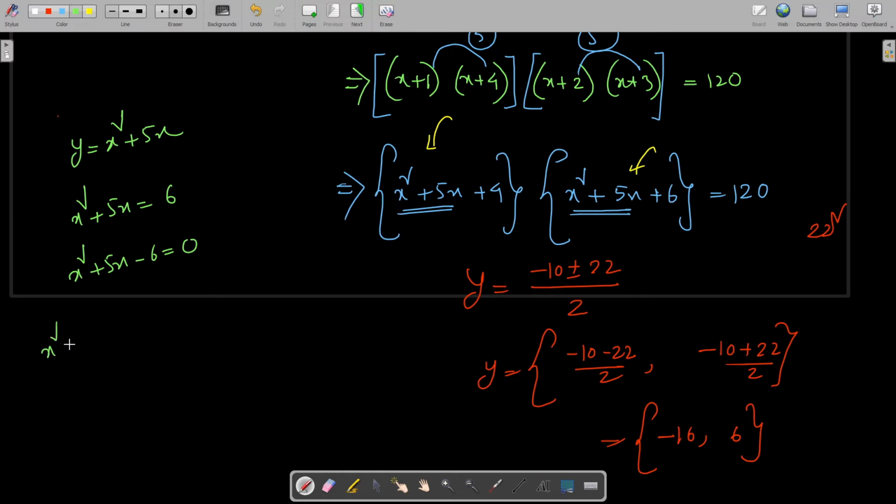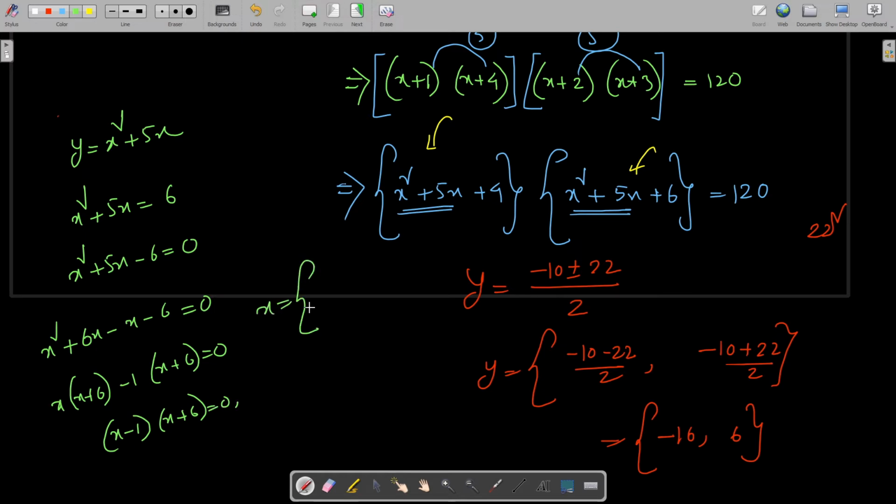It will be x square plus 6x minus x minus 6 equals 0. If I take x common, it will be x plus 6. If I take minus 1 common, it's again x plus 6. So we got two factors, (x minus 1) and (x plus 6) equals 0. So the two values of x we're getting from here are 1 and minus 6.